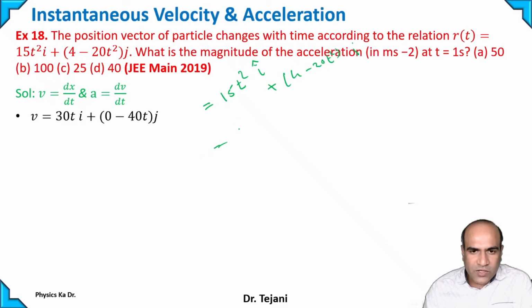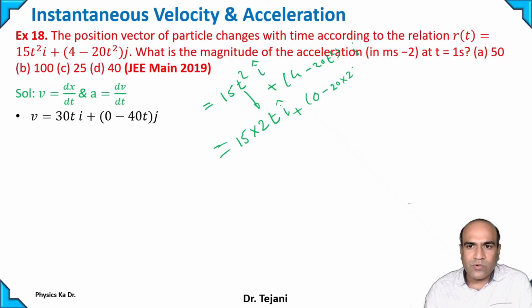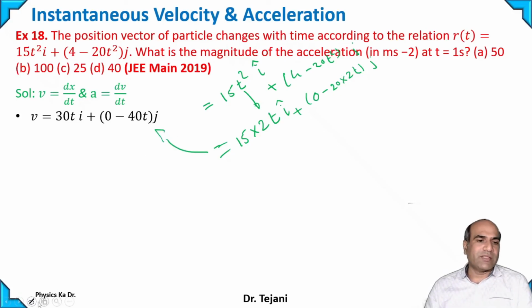So here 15 multiplied by 2t, the differentiation of t square, and keep i as it is. i shows the x direction, nothing else. Plus 4 becomes 0, minus 20 multiplied by 2t, and keep j. Therefore, you will have this equation.